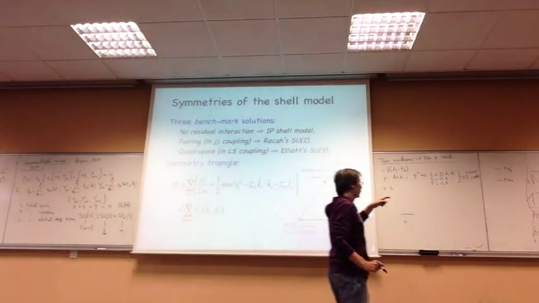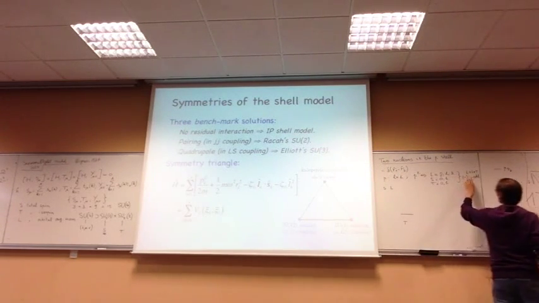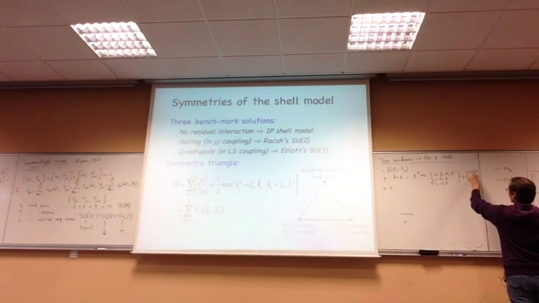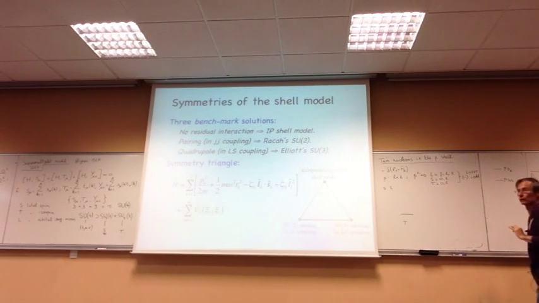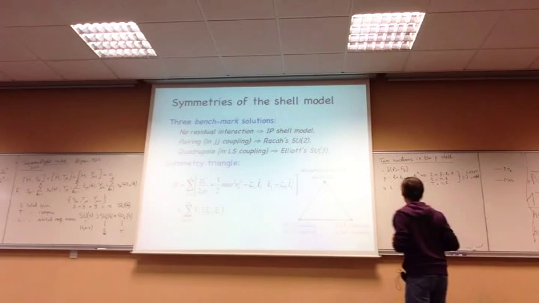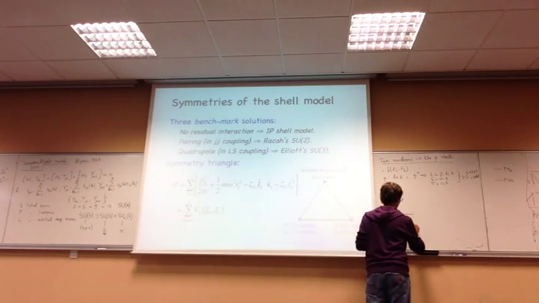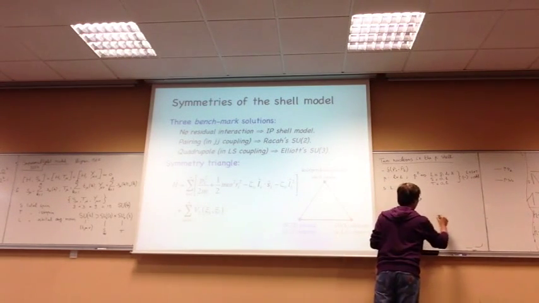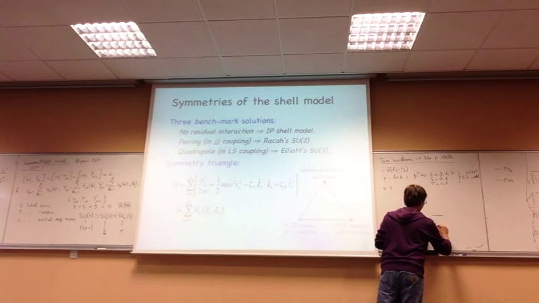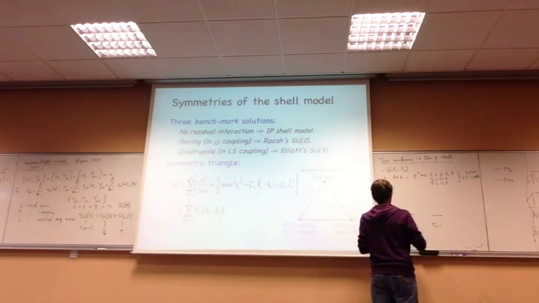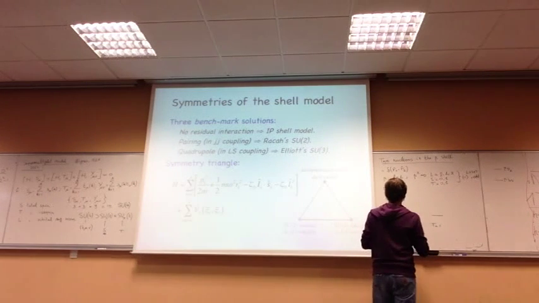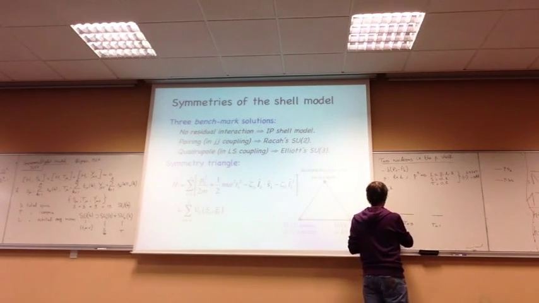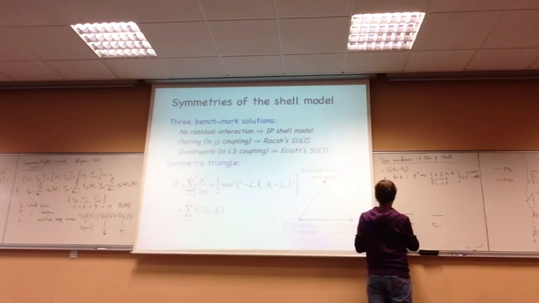Because of antisymmetry, if L is even, then S plus T must be odd. So this is the rule of antisymmetry. So now we can come to the classification. Let's put here T equals 0 and here T equals 1. Then here, if L equals 0, S must be 1.